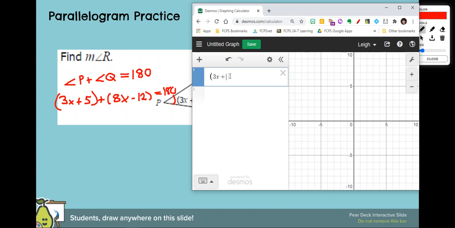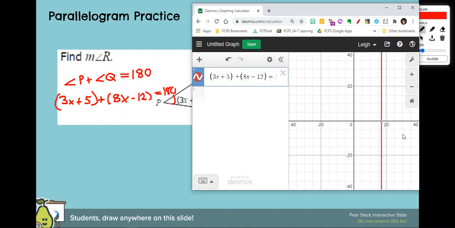3x plus 5, or the given measure of angle P, plus Q, which was 8x minus 12, is equal to, oops, parentheses, 180. Now, you'll notice that it doesn't exactly give me the answer, but what I can do is zoom out and find the graph that it has created.